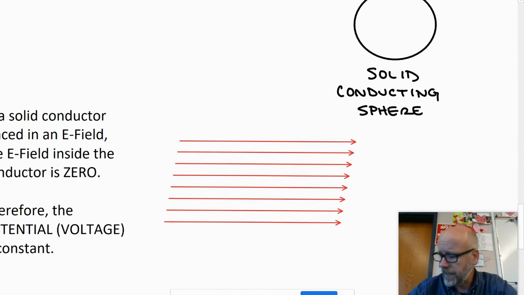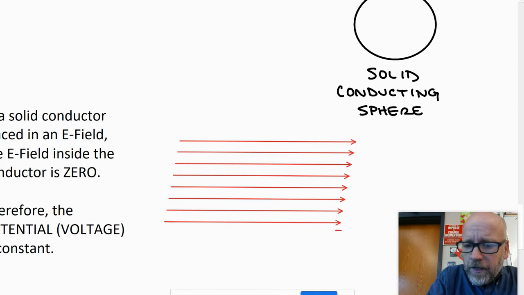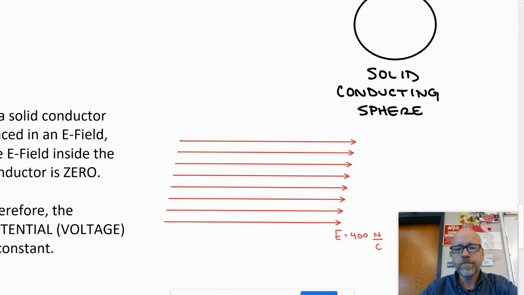So I went and drew in an electric field, and an electric field would have a number, say, how about 400 newtons per coulomb.